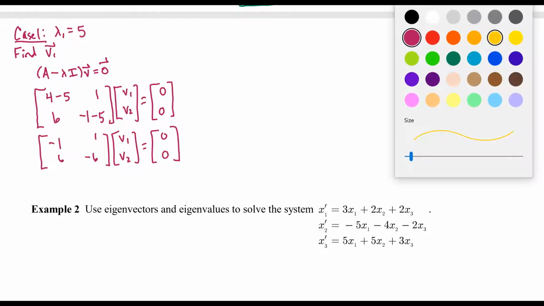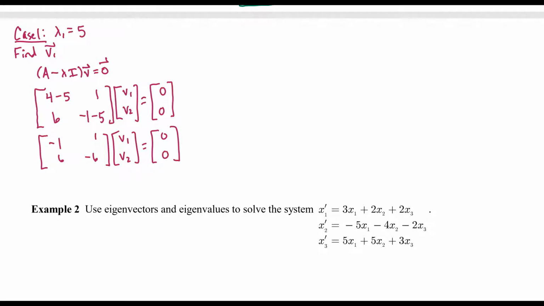We're actually dealing with a dependent system here. If I multiply row 1 times column 1, I'm going to end up with the equation negative v1 plus v2 equals 0. And if I multiply row 2 by column 1, I'm going to end up with the equation 6 times v1 minus 6 times v2 equals 0. Notice this is a dependent linear system because the second equation is a scalar multiple of the first.